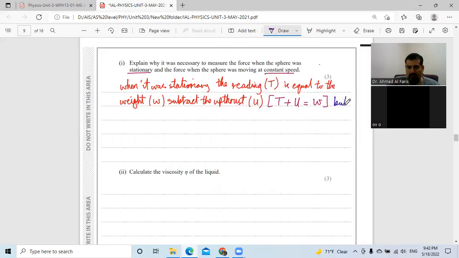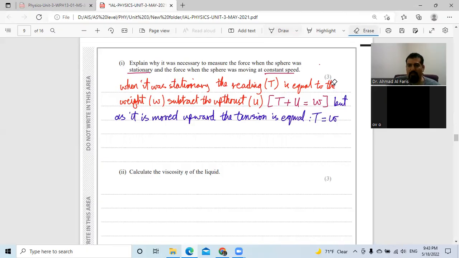But as it moves upward, the tension T equals W. Okay, let me write it here in a new line.